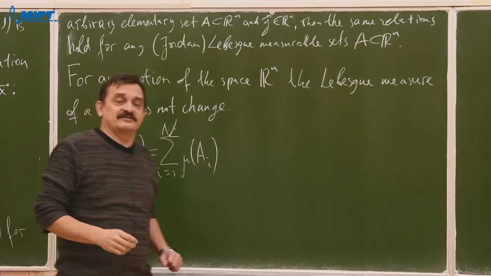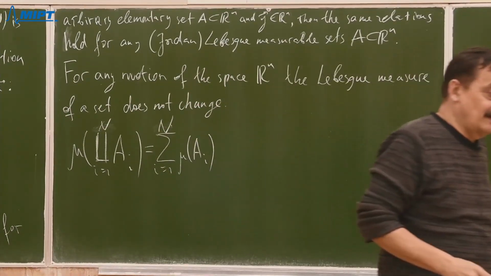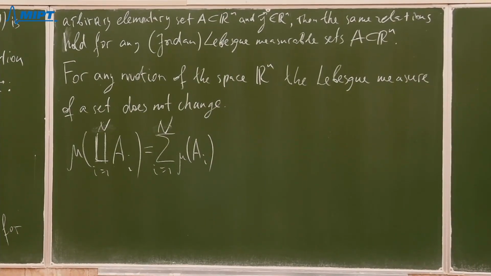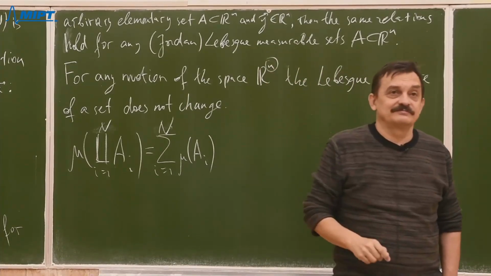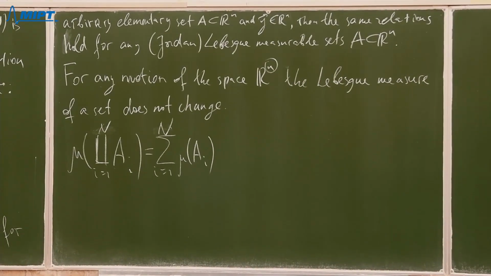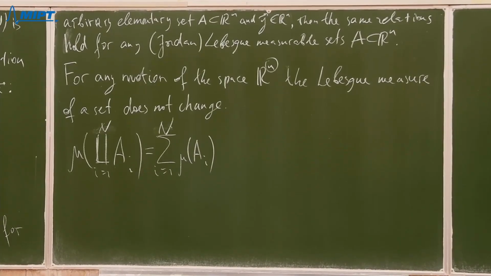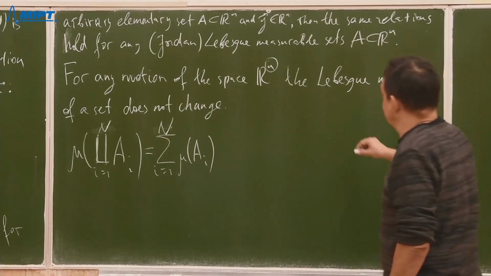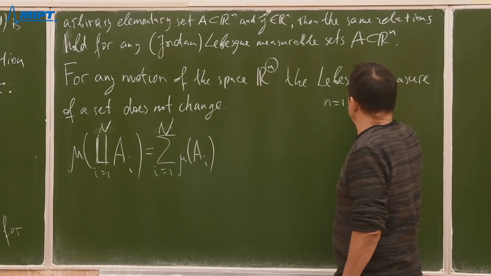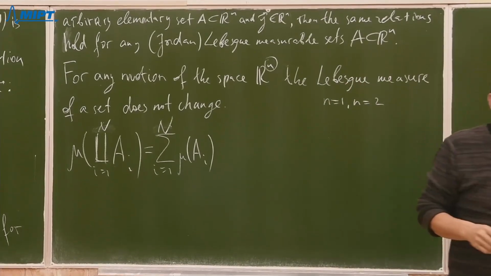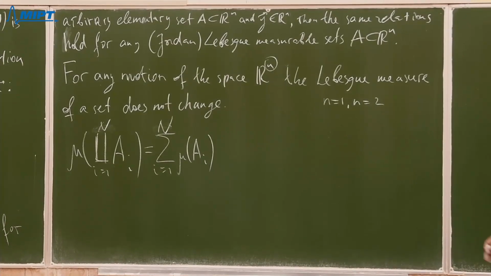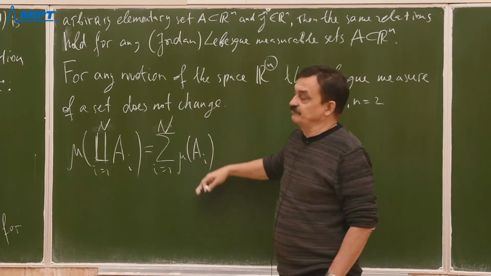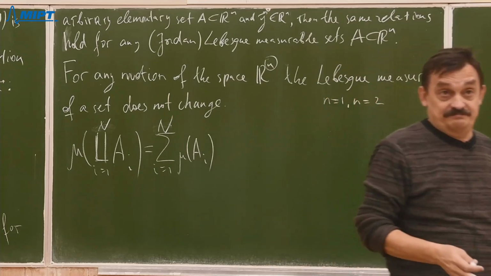Only finite additivity. Then it turns out everything depends on the dimension. Banach proved that for n equals 1 and n equals 2, there are infinitely many measures which satisfy all properties of measures for every set.